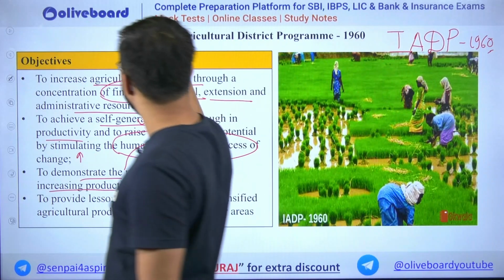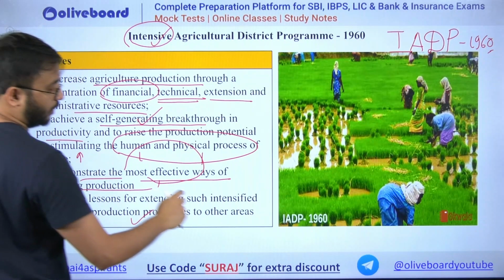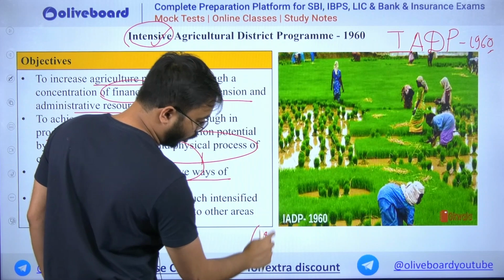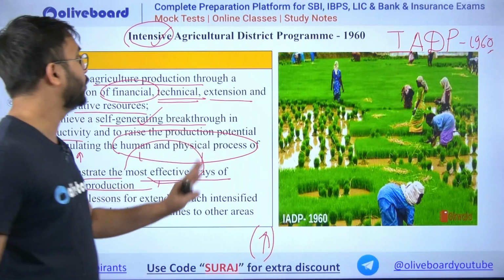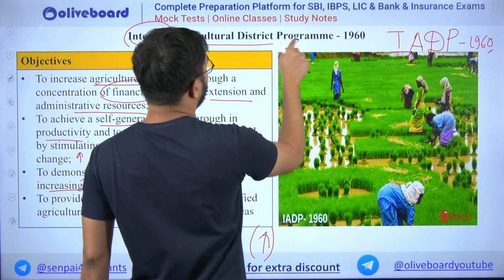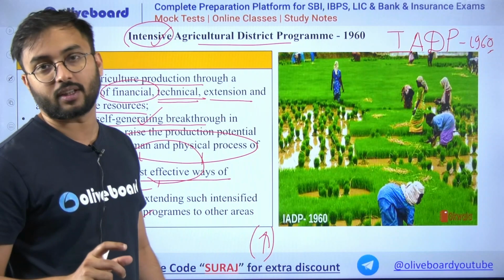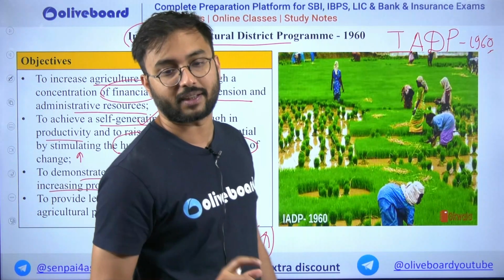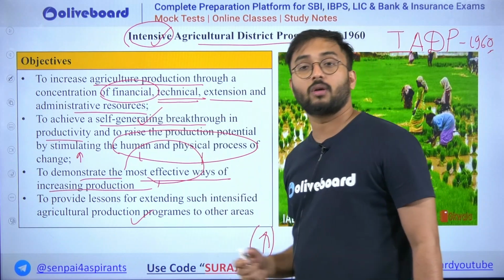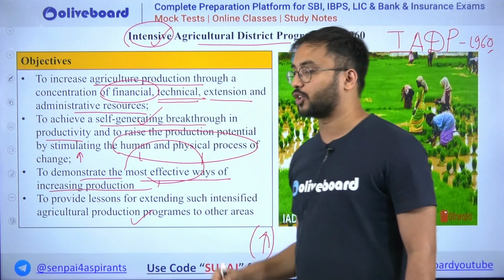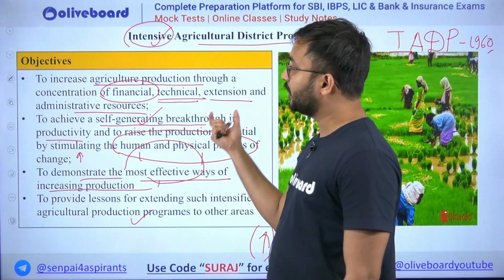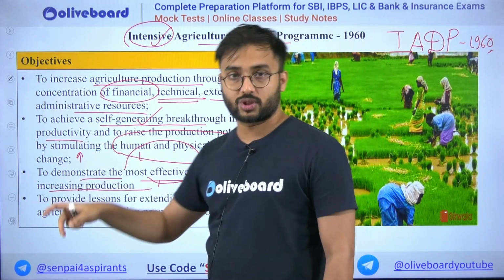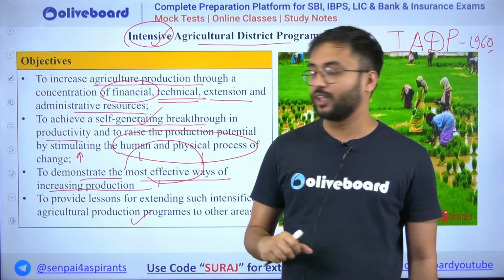So the name only will suggest, here the main objective was to increase your overall output, okay, increase your production, increase your productivity. But this was not done in a haphazard way, it was done through the agricultural district program, in the sense that in each district it was commonly observed what the agricultural practices are. Then resource classification, find the overall requirement of finance, application of technology, extension, education and spread throughout the district area.